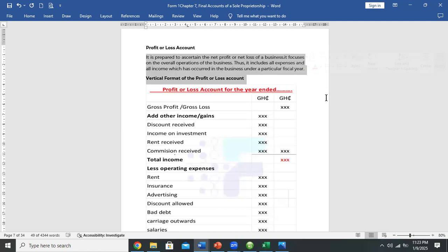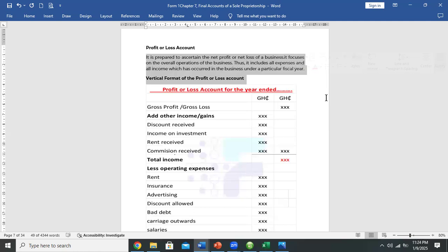If I'm to give another example, let's say your father or your parents are into selling clothing. They buy and sell clothes. So that will be their trading activity, and the profit they make from it will be the gross profit.